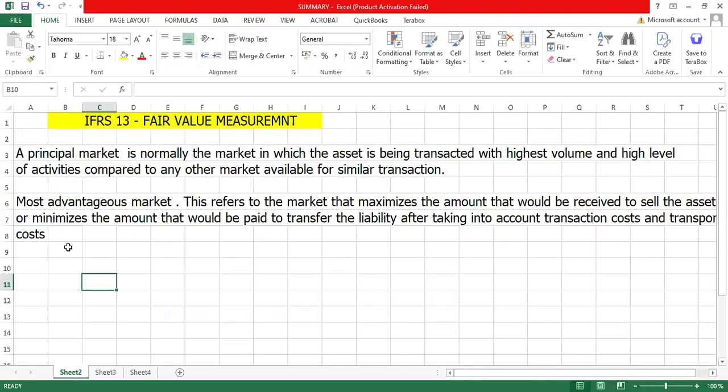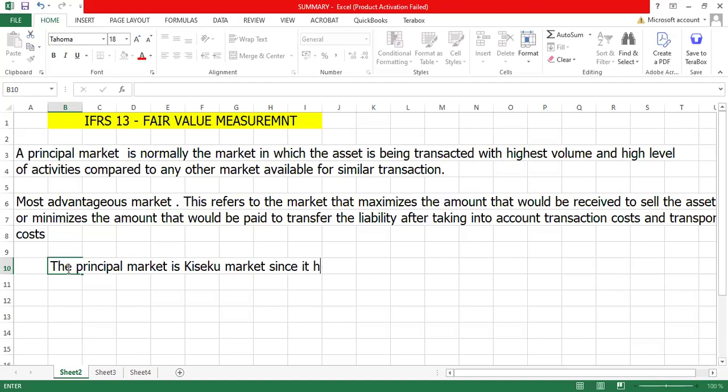Now, to know the fair value, we are going to say that the principal market is the CPA market, since it has the greatest volume of transaction for the piece of furniture.